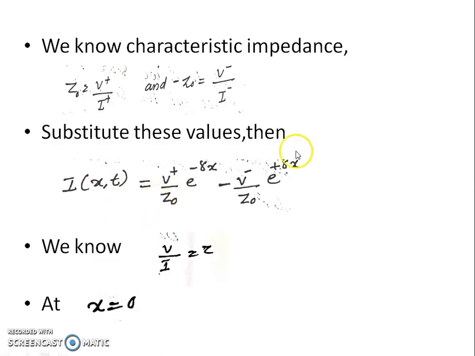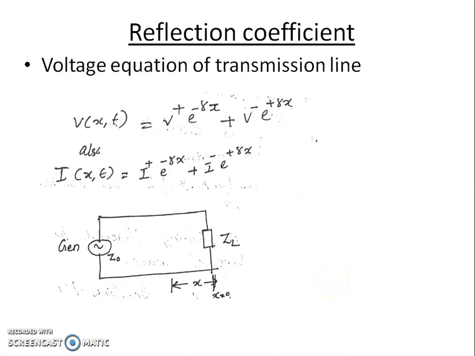So Z is equal to V by I at x is equal to 0, which is this point. Here the value of x is equal to 0.